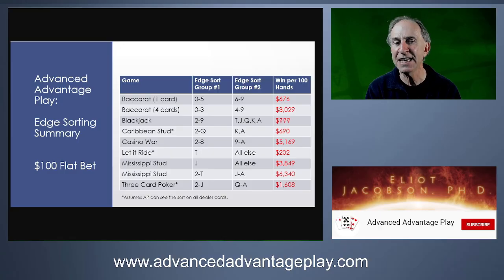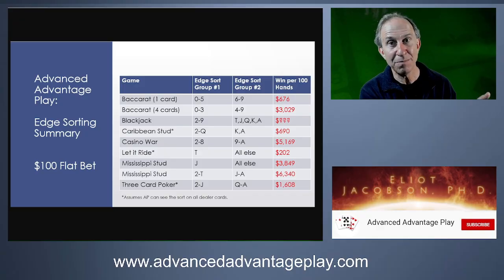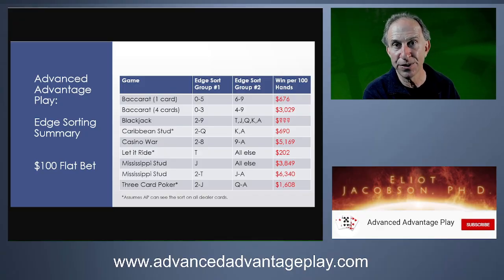Now, the interesting thing about Mississippi Stud is that what's more important here is not the edge sorting part of this, but understanding that Mississippi Stud is uniquely vulnerable as a game. Edge sorting is just card marking. At its core, edge sorting is just marking the cards, only you're not marking them. The manufacturer pre-marked them for you.